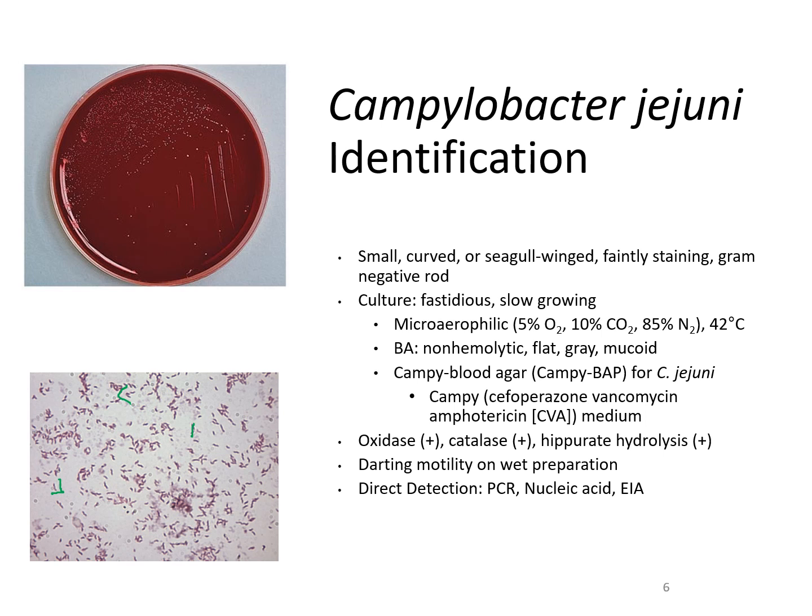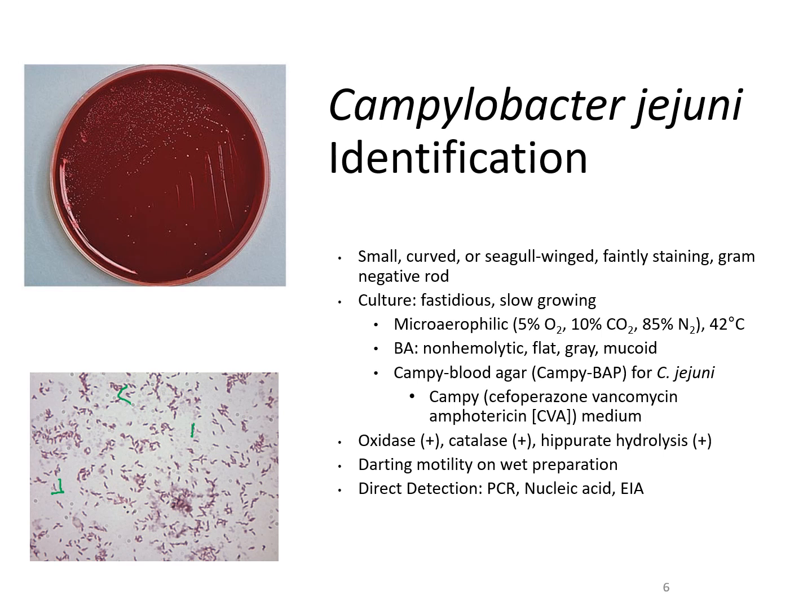It inhibits the growth of the other normal flora that you would find in the GI tract, because obviously if you're expecting this in the GI tract, you would be doing a stool culture, and with a stool culture you're going to have a lot of normal flora that would grow. So like your E. coli and Pseudomonas, you would want to inhibit those growths so that they do not overpower the Campy. These organisms are oxidase positive, catalase positive, and hypurate hydrolysis positive.